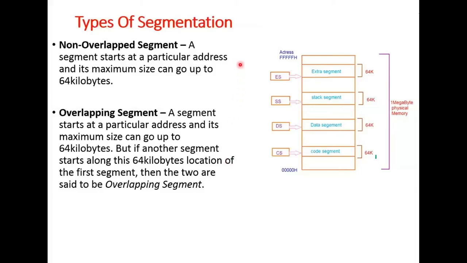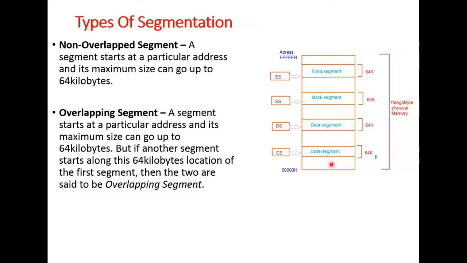There are two types of segmentation. One is non-overlapping segmentation, another is overlapping segmentation. Non-overlapping segmentation means we have four segments: code segment, data segment, stack segment and extra segment, each of size 64 KB. One segment is not overlapped with the other three segments.